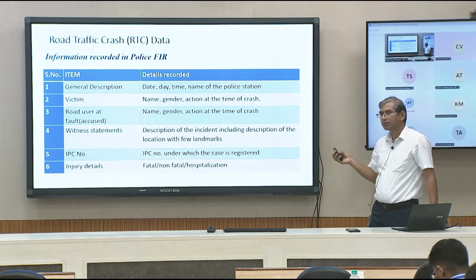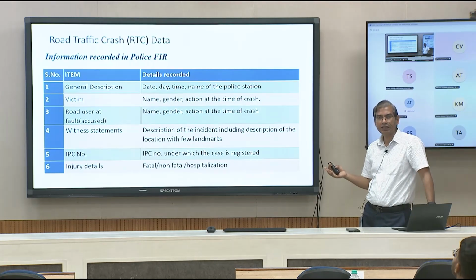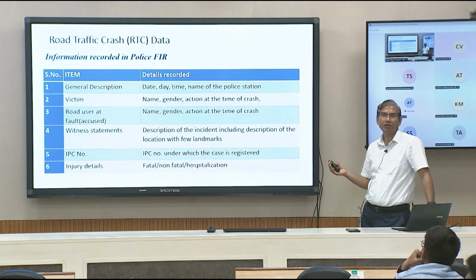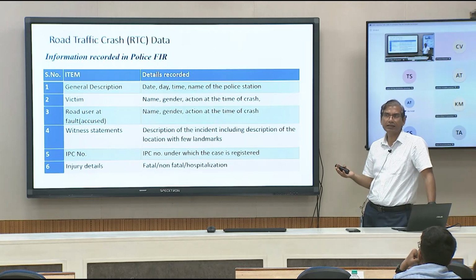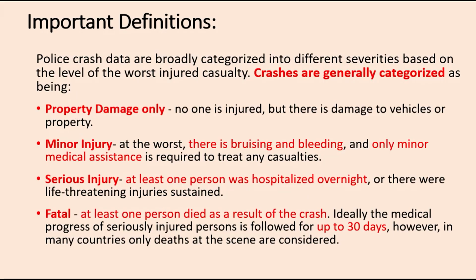These were the biggest limitations in applying any kind of safety intervention, because you do not know the actual reason for the accident. So it becomes very difficult to implement any kind of measures based on the available information.